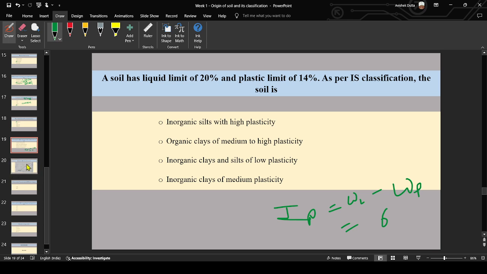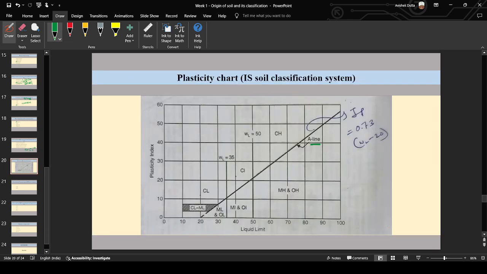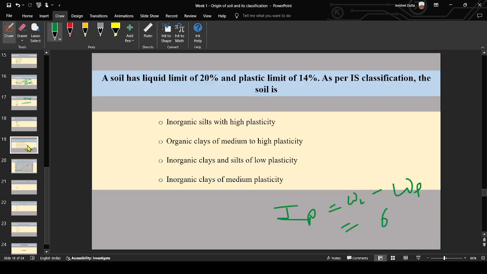Now, if we go to this plasticity chart, we can see there is a small zone just above the A line. We define this zone as starting from plasticity index 4, ending at plasticity index 7. If we look at the question carefully, the soil has a liquid limit of 20.